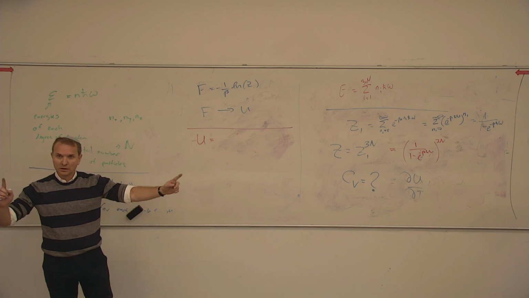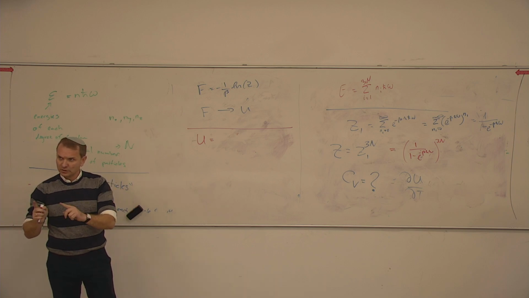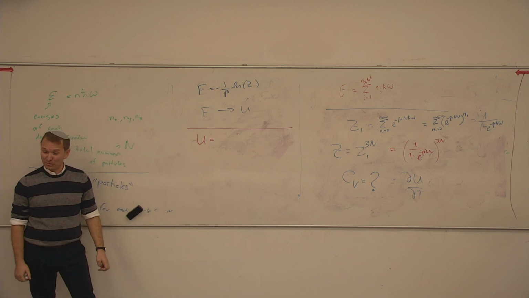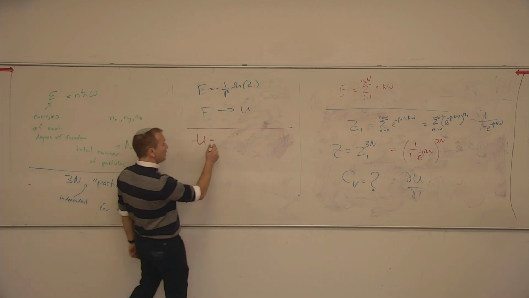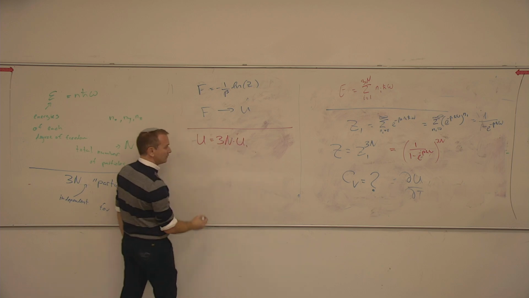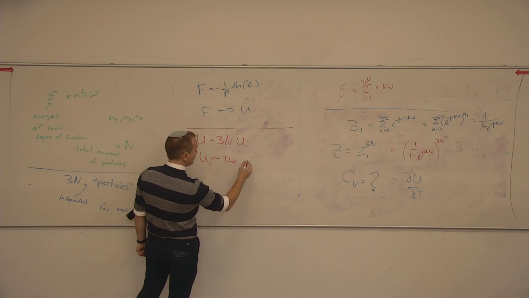Now, because the total energy of the system is the sum of the energies of all the different parts, I can say, exactly as I've done for the polymer model, that U is 3n multiplied by U1. What is U1? Exactly.